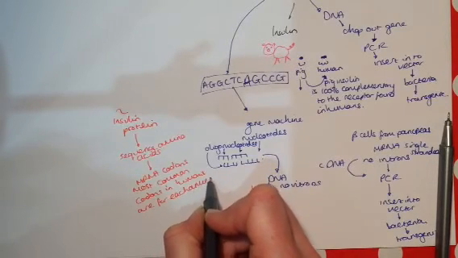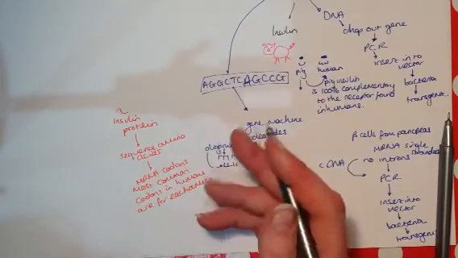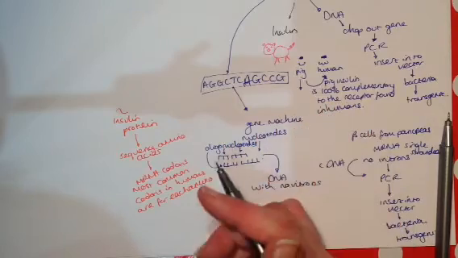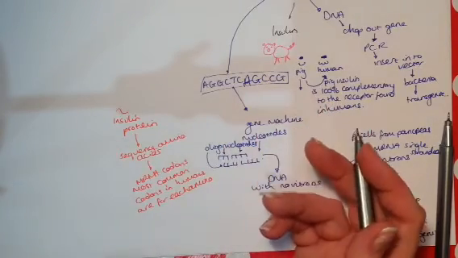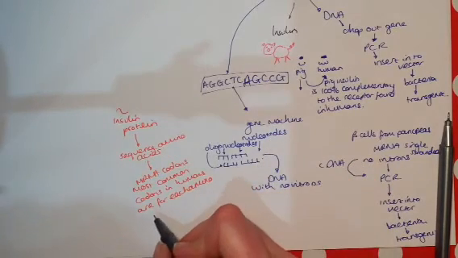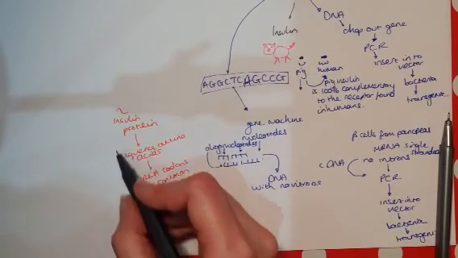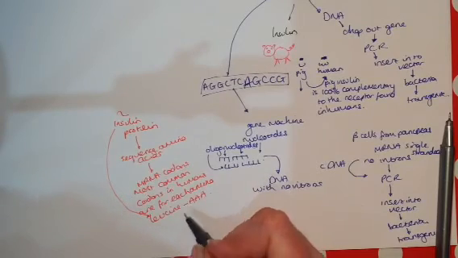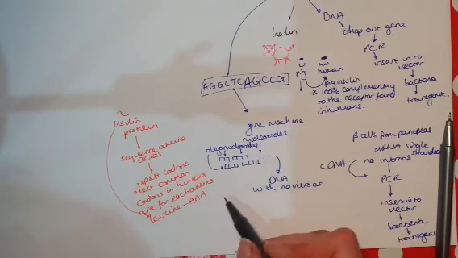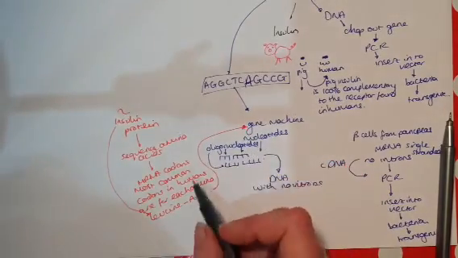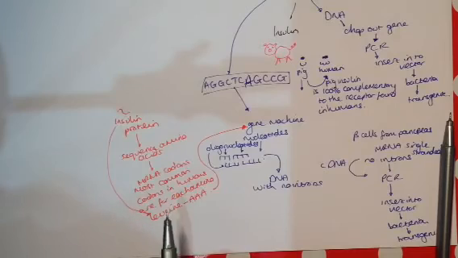So, for example, leucine has 3 different codes, AAA, AG, and AAC. And in humans, the most common form is AAA, say, for example. So that means we know that if we see a leucine in the protein, then it's probably because it was coded for by AAA. So you make up your code, you put that into your gene machine. Because it's made straight from the protein, you're going to end up with no introns.